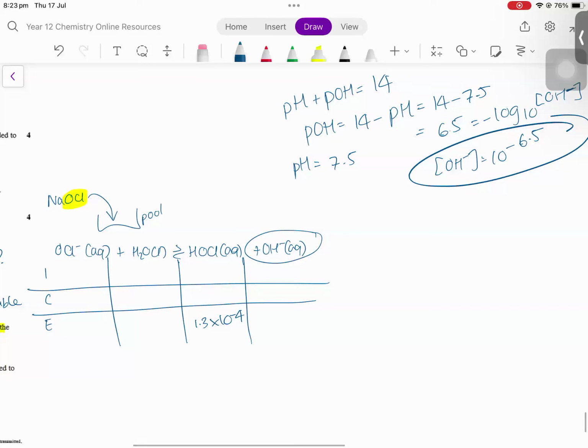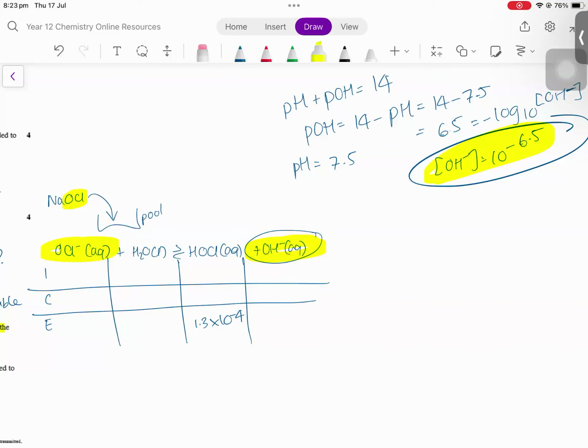Now, what did we say? If there's no OCl minus on the left, can there be any OH minus on the right? No, because OCl minus is the reactant. Unless it reacts, you don't get any OH minus. So this OH minus concentration, could it have been there at the start?